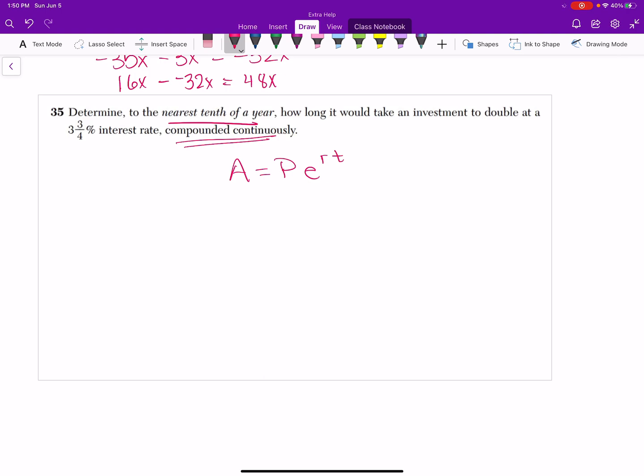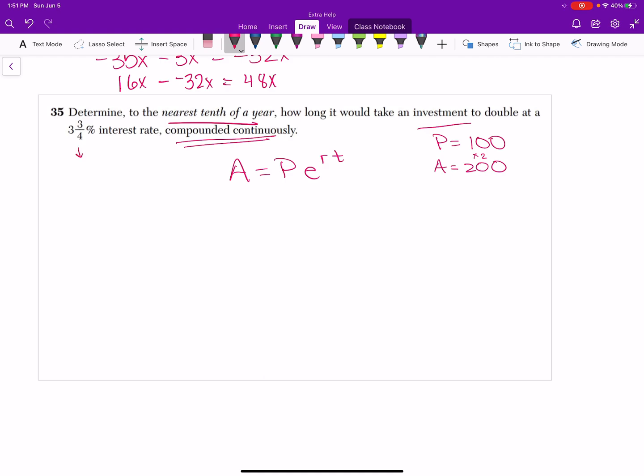While they didn't tell us what the investment was going to be, they did say it was going to double. So you can pick any value as your starting point. Let's say P was 100 that we're starting with. That means our final amount for it to double should be 200.